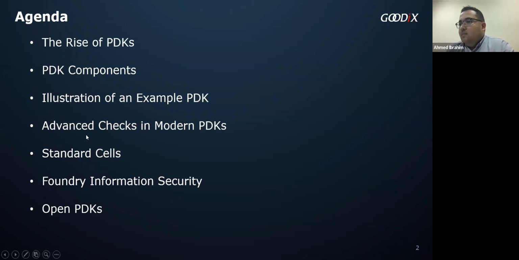Also, I will list some advanced checks that we need in modern PDKs due to advanced technologies and small nodes. I will talk about standard cells. Another important issue that we always need to stress is foundry information security, because it may cause a lot of trouble if you are not aware of it. Then I will show you some open PDKs that you can use to learn or just try things or play with.